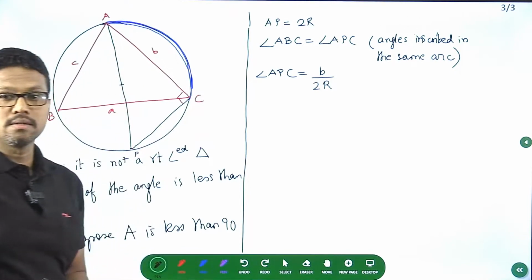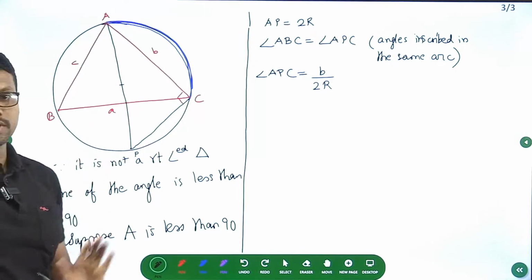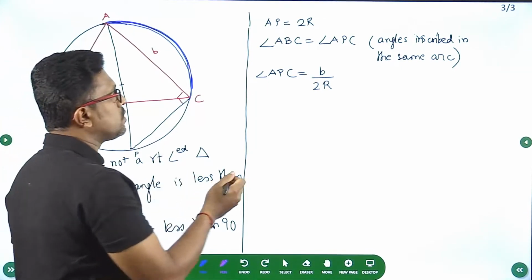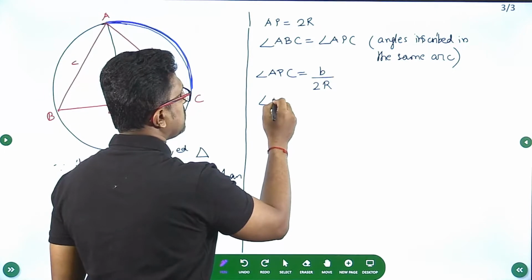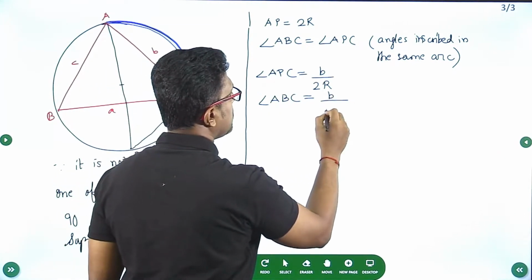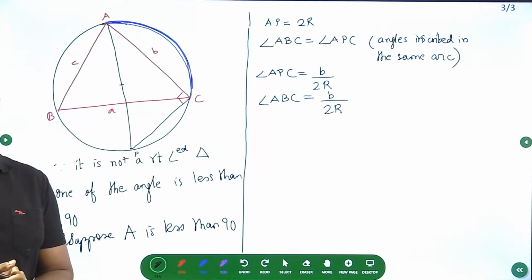So this is APC का वैल्यू, this is B upon the hypotenuse which is 2R. Okay, so this is what we are getting, angle APC, but this is also the angle for ABC also. So angle ABC is also equal to B upon 2R. ये वैल्यू के लिए भी सेम ही होगा, करेक्ट.